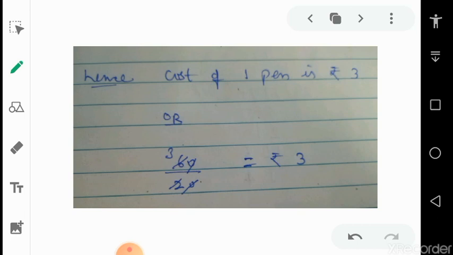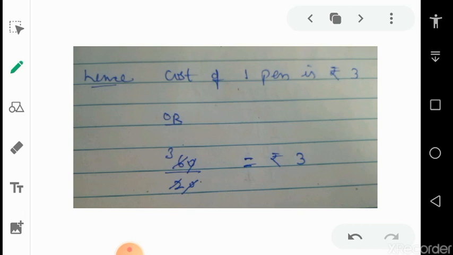Next, the cost of one pen is rupees 3. Actually this question can be done by another method. It's quite easier than the previous, but if we are doing the division, we have to do it that way. So to find the cost of one pen, we'll divide 60 by 20.